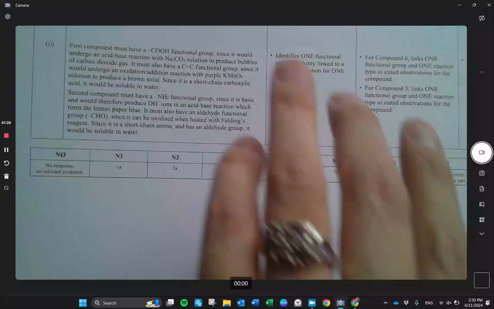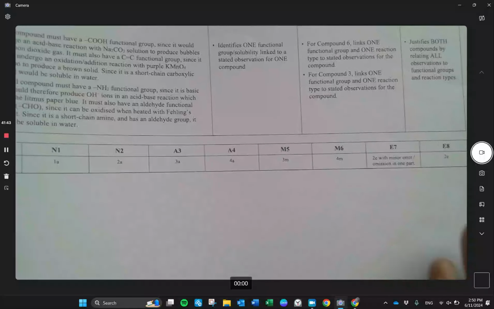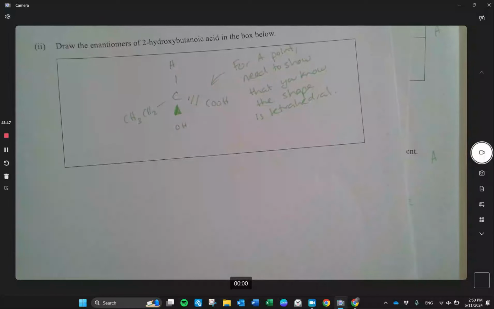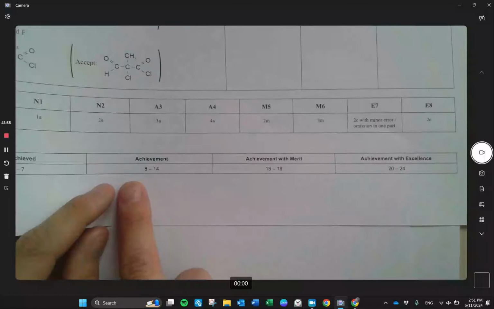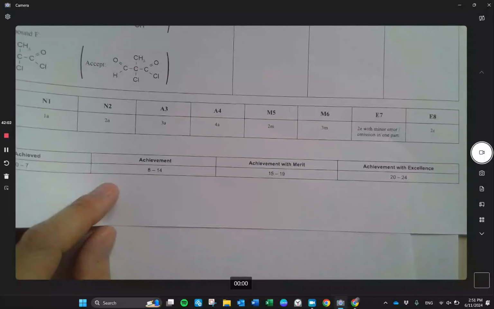So the overall score that we're looking for on this exam, just so you guys are aware, is, I think it's probably 8. Yeah, it's 8. So that means you have to pass at least 2 questions at A4. So if you get A4, A4, that adds up to 8. If you get A3, A3, A3, that adds up to 9. You still pass.